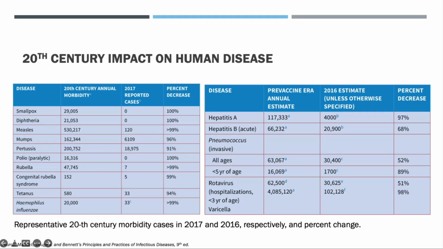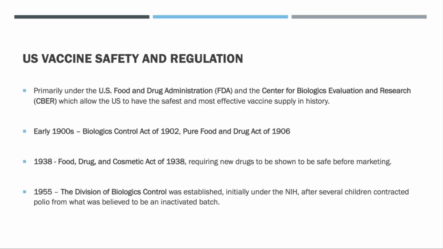Of course, with essentially eliminating smallpox and diphtheria, you can see a number of other diseases there, the decrease in incidence, as well as the more relative but still very important decreases that we have in pneumococcus, for example, with the polysaccharide vaccines. To talk a little bit more about vaccine safety and regulation.